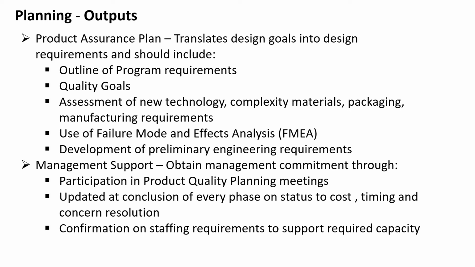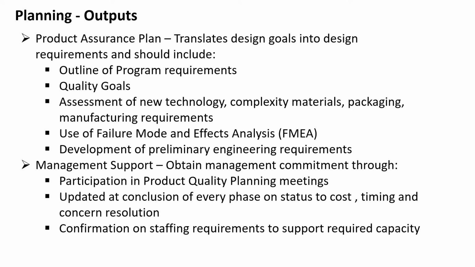So another few planning outputs are the product quality assurance plan, or product assurance plan, which will have the outline of program requirements, quality goals, assessment of new technology, complexity, material, packaging, manufacturing requirements, or use of FMEAs, that is failure mode and effect analysis, and development of preliminary engineering requirements.